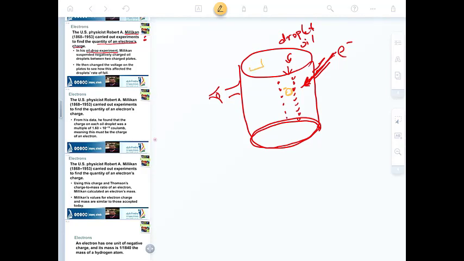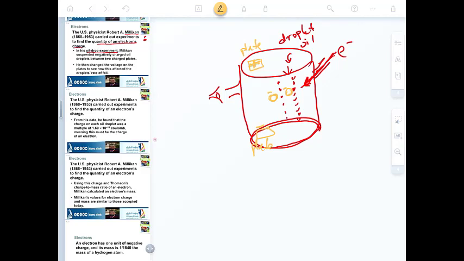He put here a positive plate and a negative plate here to control the movement of the droplets carrying negative charge. Imagine that you have a negatively charged droplet here and you turn on the plate which is positive here.